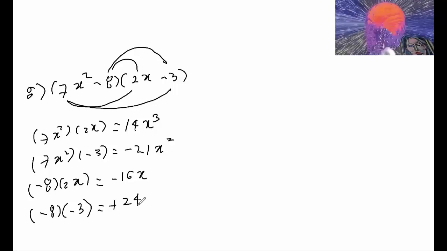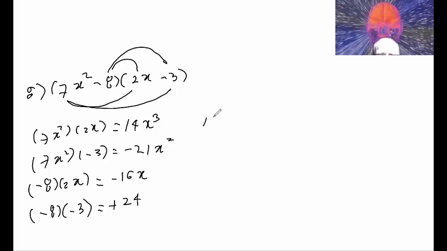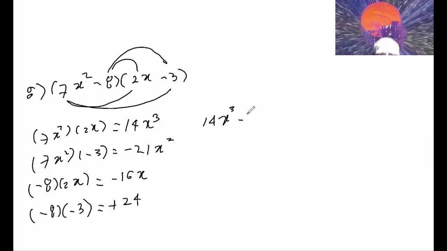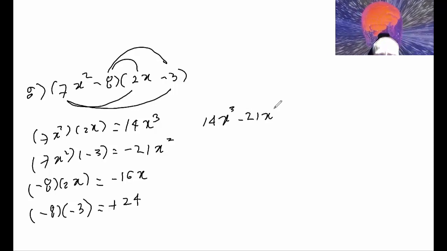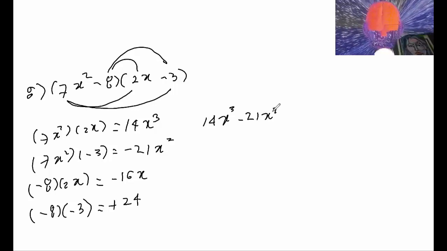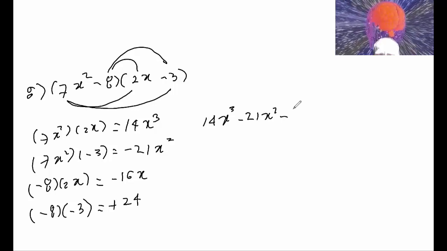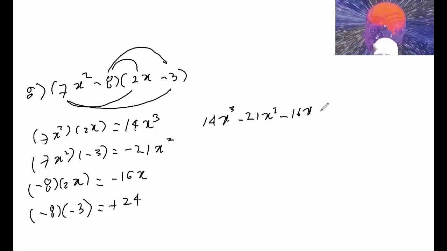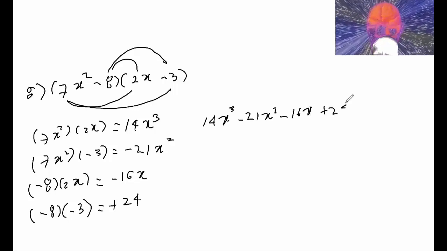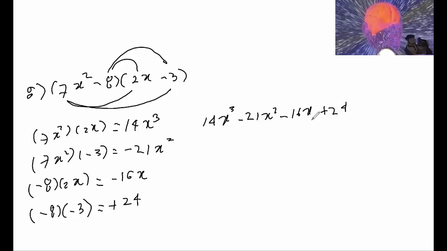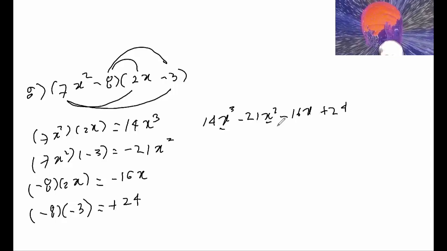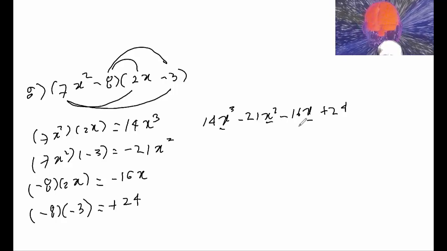And again, putting this all together, we have 14x cubed minus 21x squared minus 16x plus 24. We can't combine any of these terms because they're all different powers.